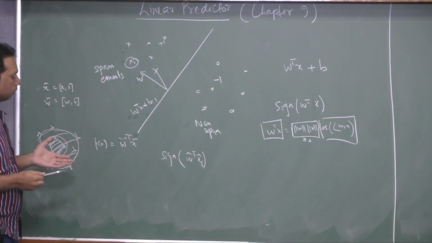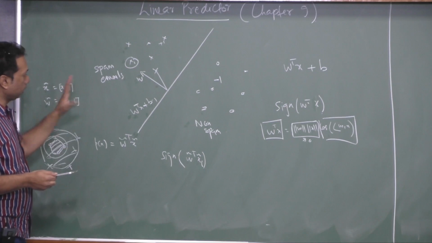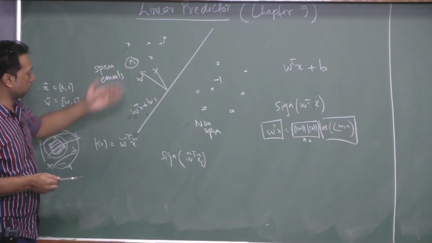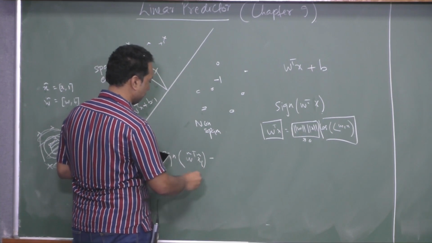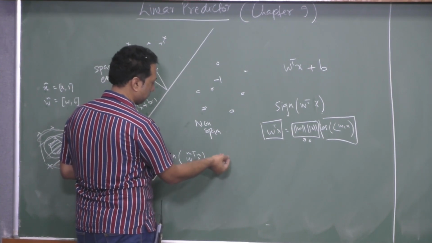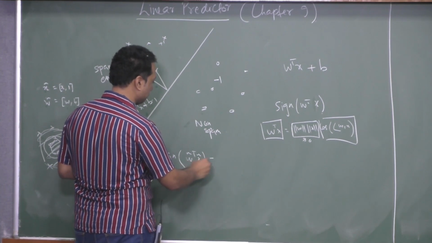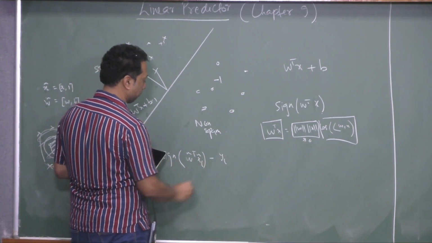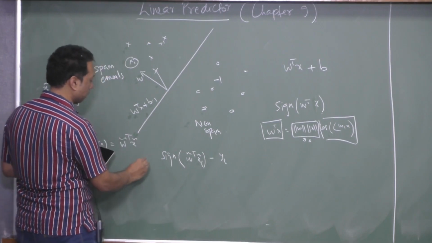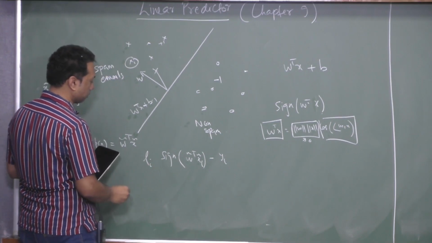W is a variable right now, and X is known because X is the supervised data. So the check is done with minus of whatever yi was supposed to be for Xi. This becomes my loss for the ith sample.